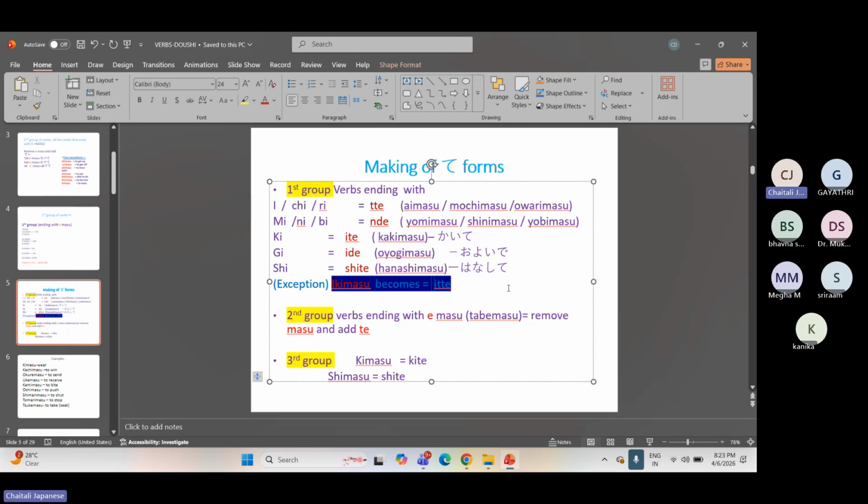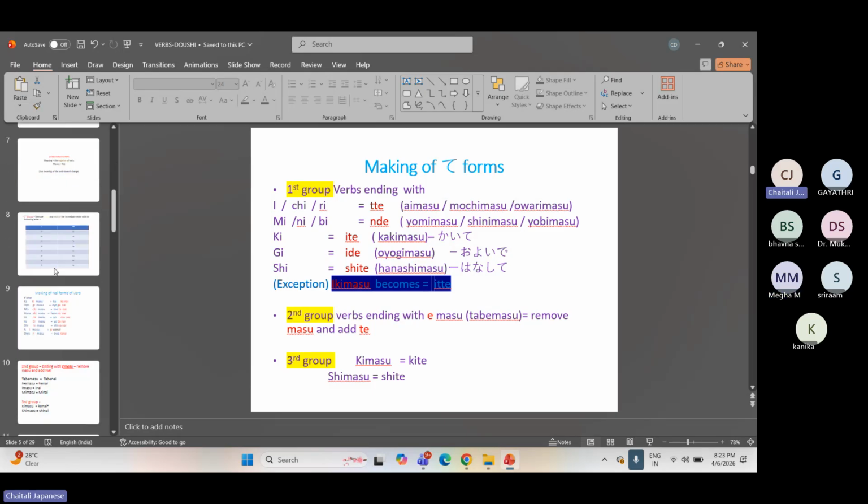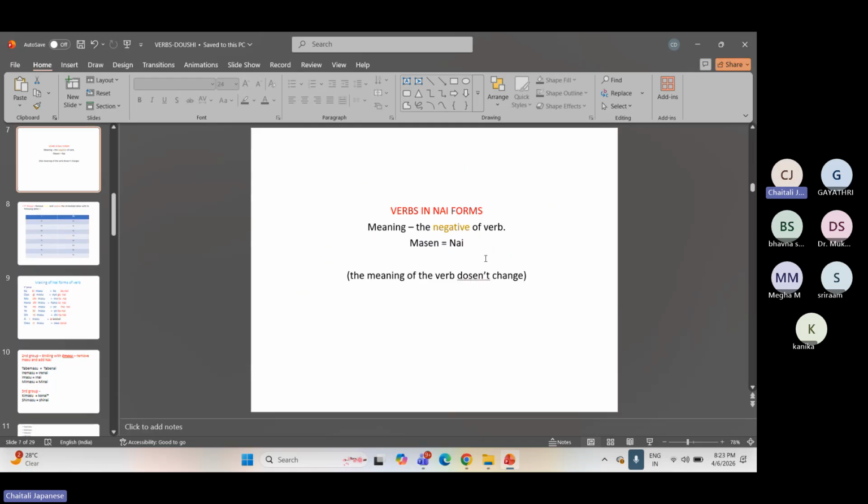No, this is not for the masu format. The subsequent pages are the nai form. So masen will be replaced with nai. For example, if you are saying tabemasen, you can use tabenai. You replace masen with nai.